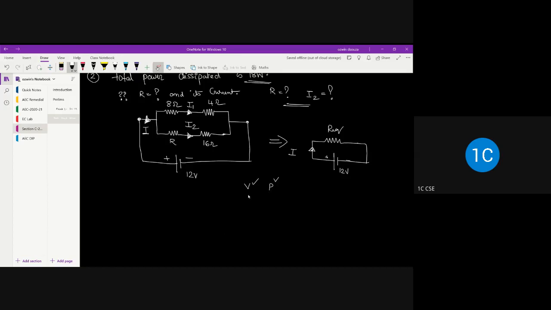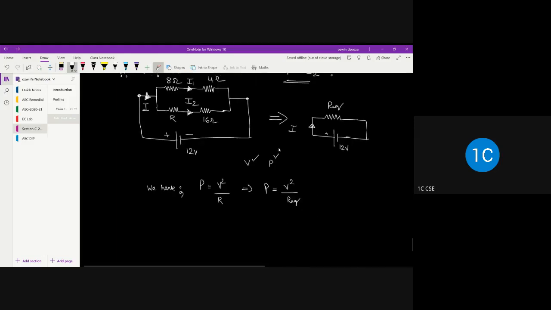Having known voltage and power consumption, you'll be able to find R equivalent, because power P is equal to V square by R. In our context, P is V square divided by R equivalent. So you can cross multiply, and R equivalent is basically V square divided by P.